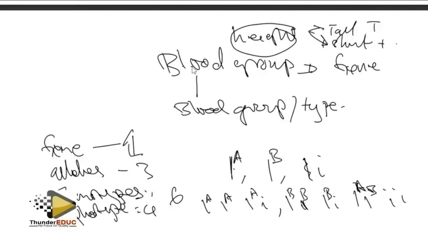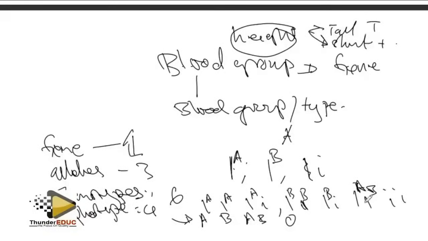there are 4, which is A, B, and O. So basically that is it. Oh, AB, yes, AB is codominant. O is homozygous.